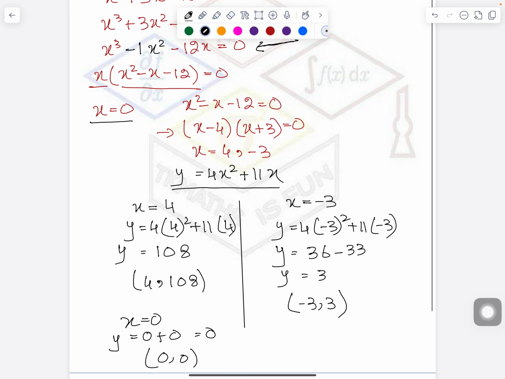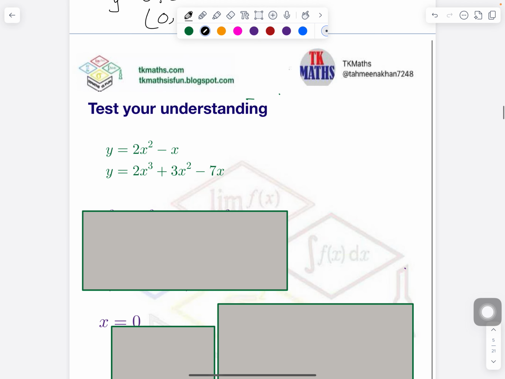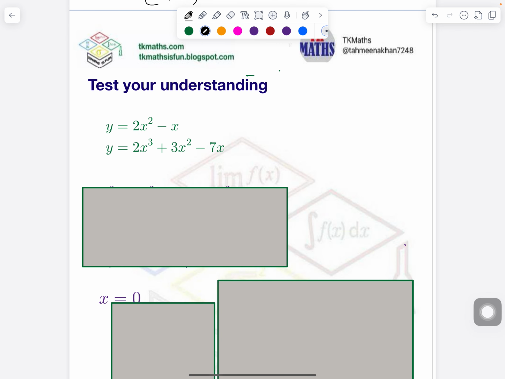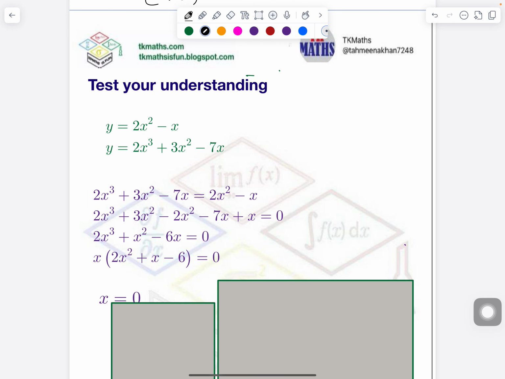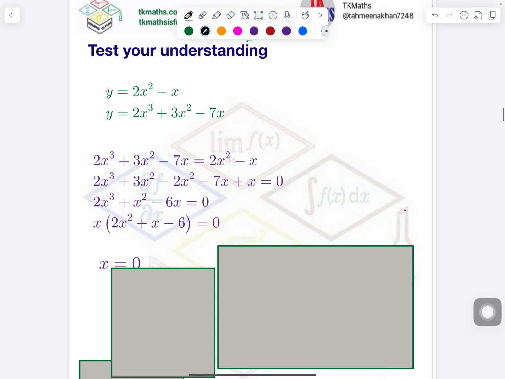Okay. So now this is a test to check how much you understood. Just a question like I have done above. You can put the video on pause and solve it, and I will show you the solution here. Again, the same case, you can check with your working.